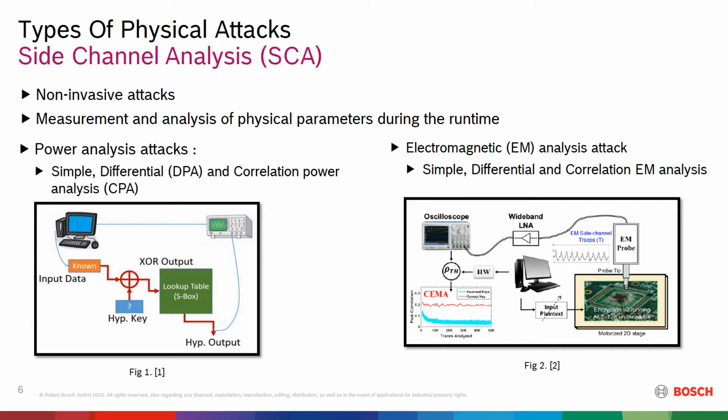Correlational power analysis reveals the data leakage by finding the relationship between the characteristics of power traces and a hypothesized power model. The aim is to find the correlation between the predicted output and the actual power output of a device. So you could use either the Hamming distance or the Hamming weight power model.